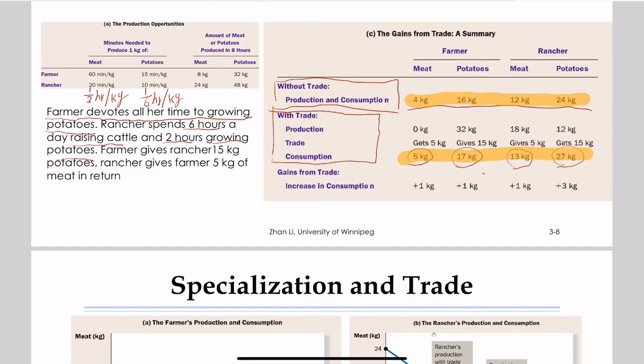So if we go back to our question, whether the farmer and the rancher will be happy to accept the economist's suggestion, the answer here is yes. They will happily accept the suggestion from the economist, and they will actually follow these suggestions. They will start specialization and then they will trade with each other because trade makes both of them better, right?